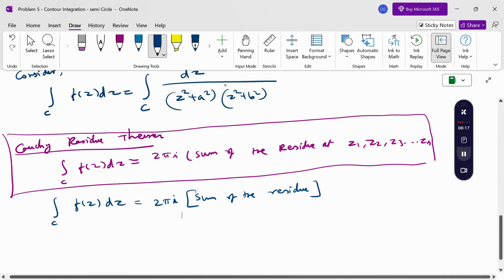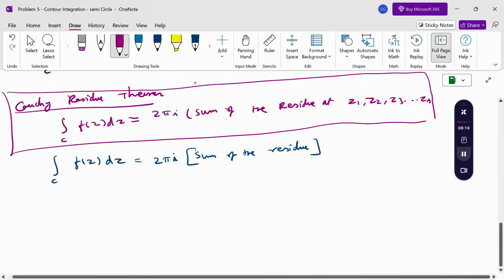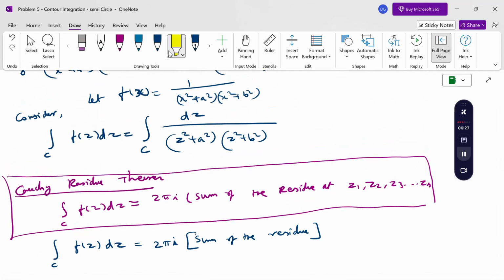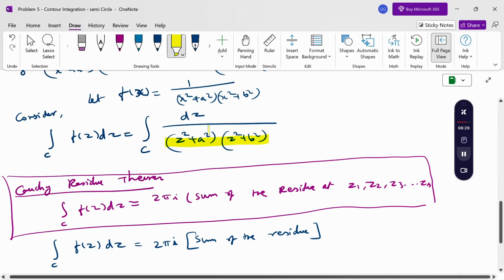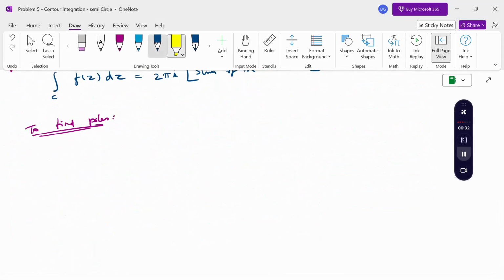First, to calculate the residues, we first have to find the poles. How to find the poles? Set the whole denominator equal to 0. Therefore (z square plus a square)(z square plus b square) equal to 0.